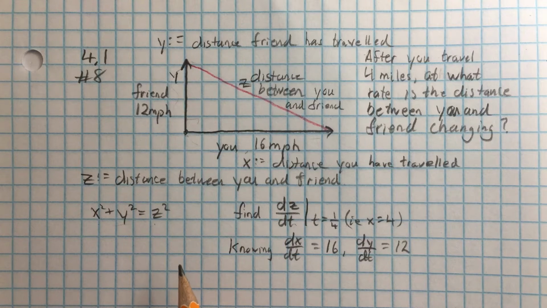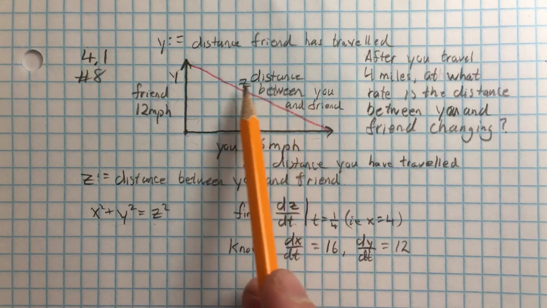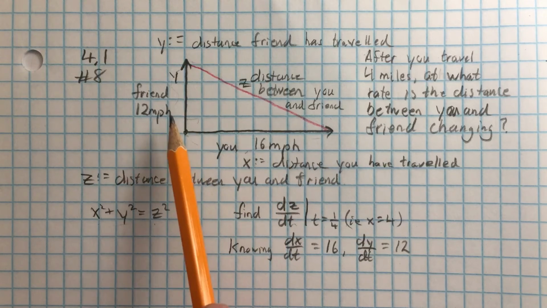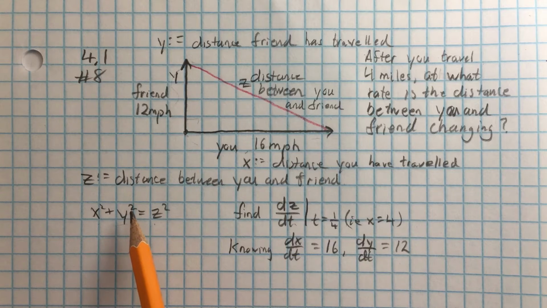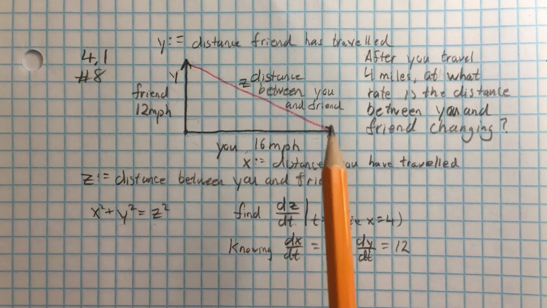So let's go ahead and differentiate both sides with respect to time, and then see what that new equation looks like. Again, we've related the distance between you and friend to your distance and friend's distance, right? So once we take the derivative, we'll have a relationship between rates, between the change of the distance between you and the change of the two distances themselves, the horizontal and vertical distance.